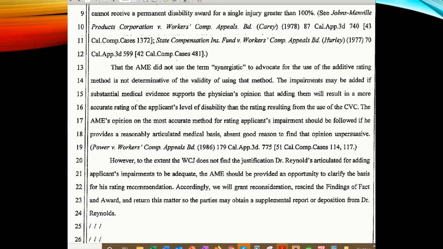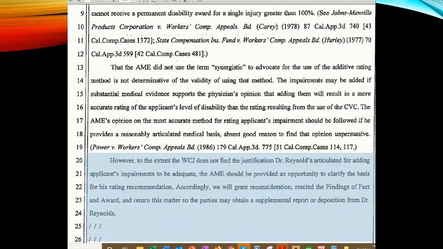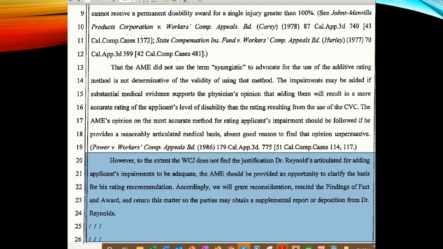And here they admit that as well. And they tell us that to the extent that the workers' compensation judge does not find the justification that the AME articulated for adding the applicant's impairments to be adequate, the AME should be provided an opportunity to clarify the basis for his rating recommendation.